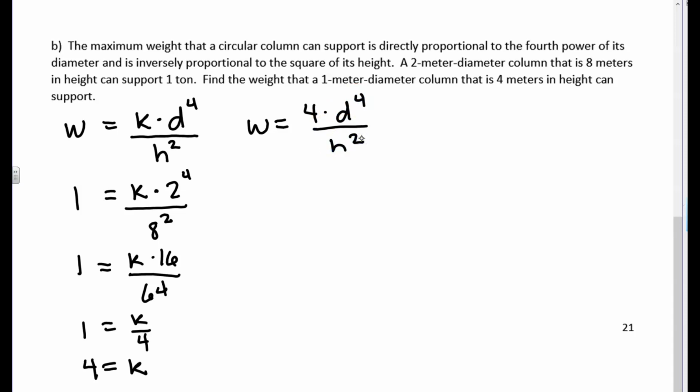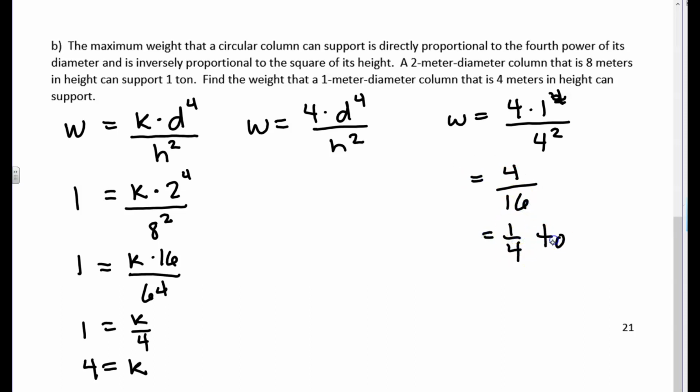And now I'm going to find the weight that a 1 meter in diameter column to the fourth power, boom, that is 4 meters high can support. So working that out, that ends up being 4 over 16 or 1/4, and this is in tons. So that is my answer.